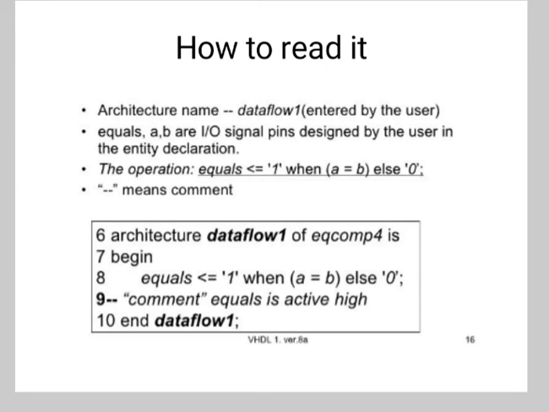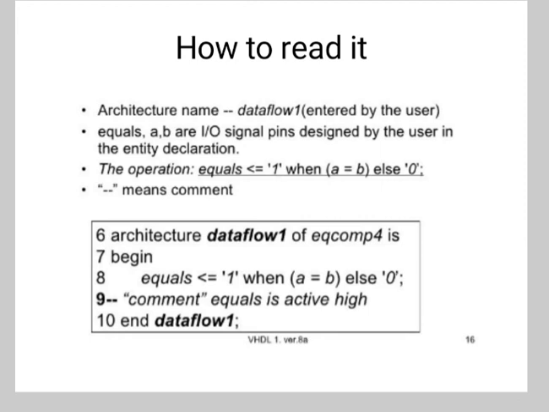Architecture name, that is data flow, we can write any name here, then A, B are input output signal pins which are designed by the user in the entity declaration, that is A and B are already declared as inputs in the entity. Then the operation, that is here the main operation is given, that is F less than or equal to 1, and then end data flow.